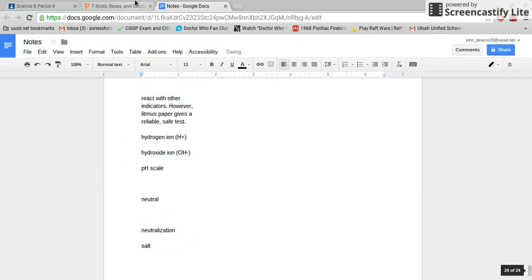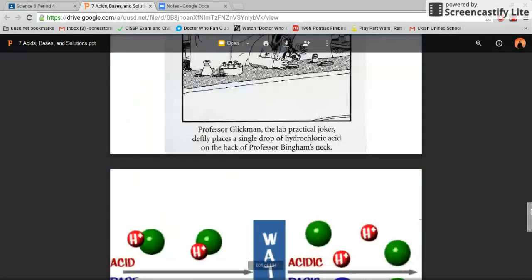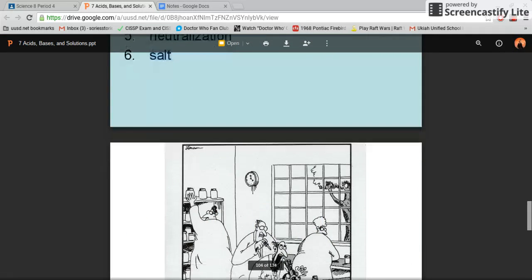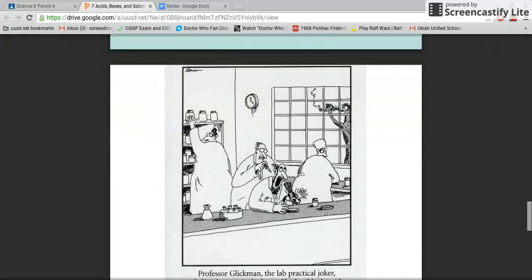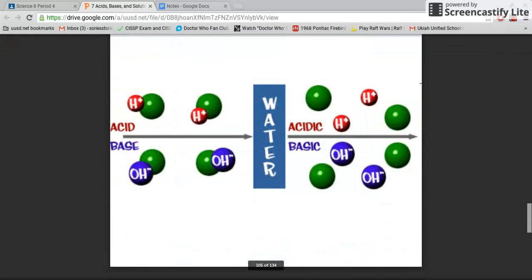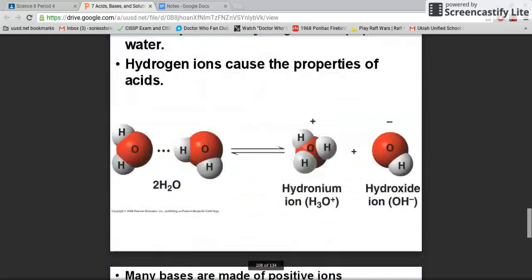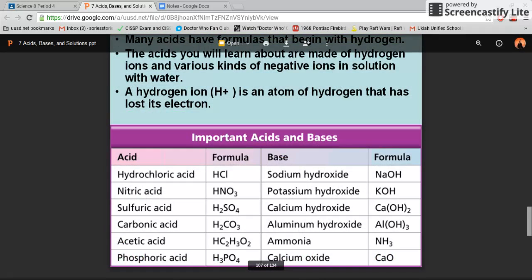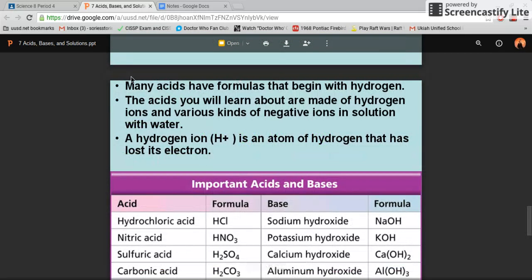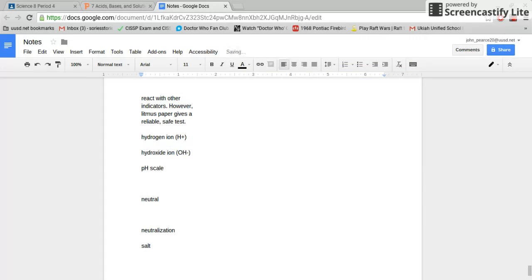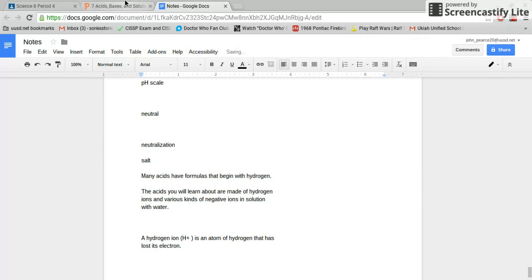Hydroxide ion, OH negative. pH scale, neutral, neutralization, and salt. Okay, so many acids have formulas that begin with hydrogen. I think there's a question that asks you what is the most common element that acids contain. That would be hydrogen.